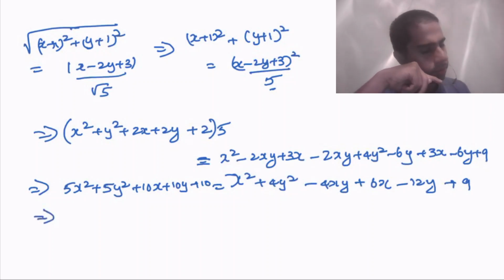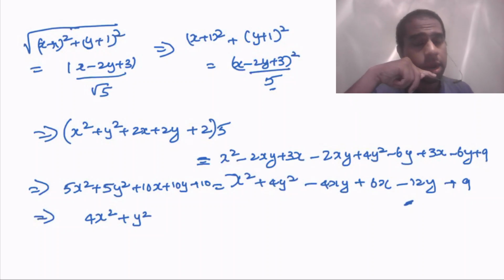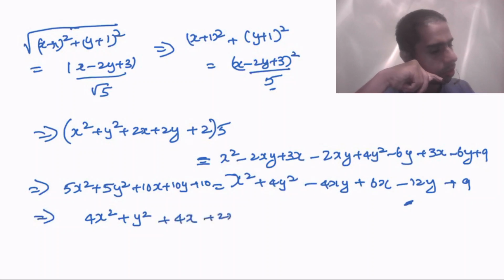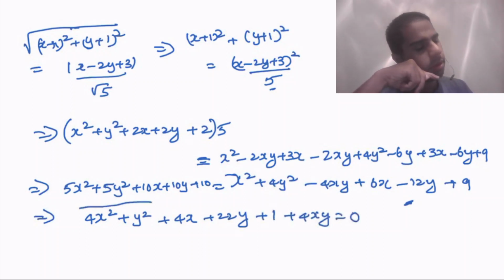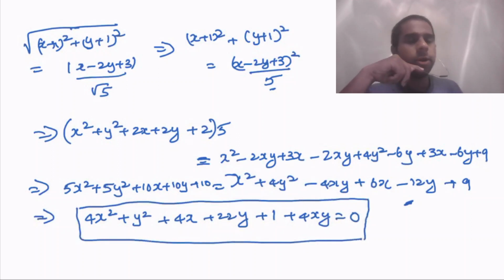Now 4x square plus y square, and you bring the right hand terms to the left hand side and then simplify the terms. 4x square plus y square plus 4x plus 22y plus 1 plus 4xy is equal to 0. This is the equation of the parabola.